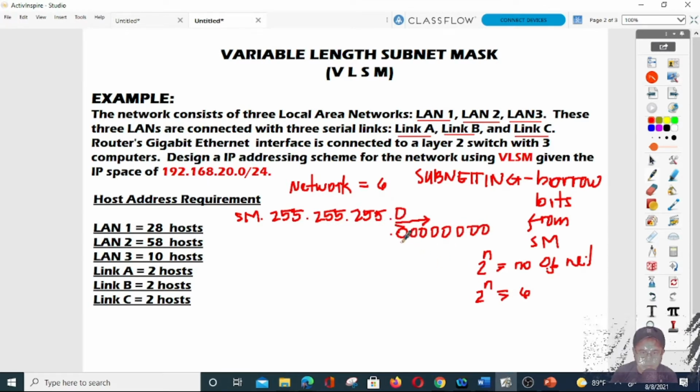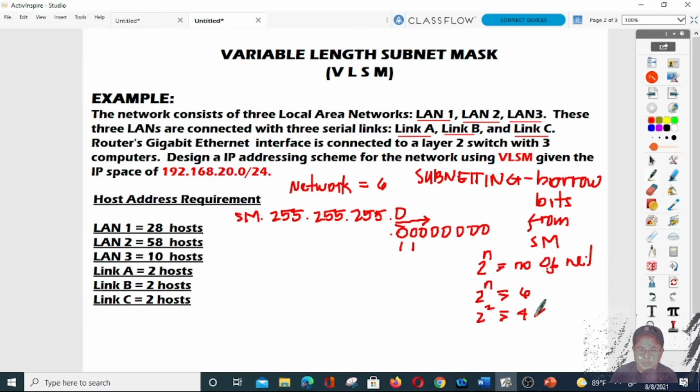So if we're going to borrow one bit, that is 2 raised to 1, that is only 2. Not possible. Now if we're going to borrow 2, 2 raised to 2 is 4.